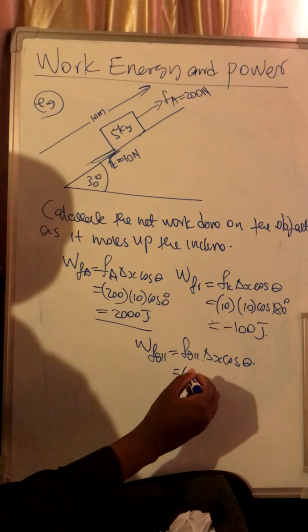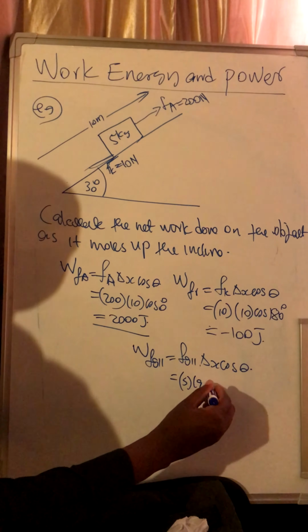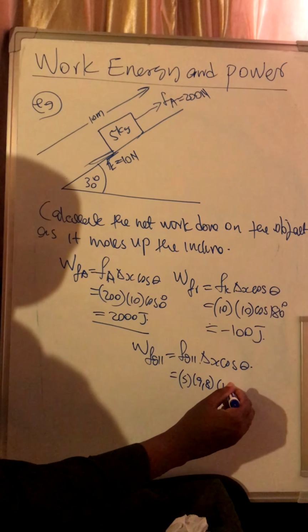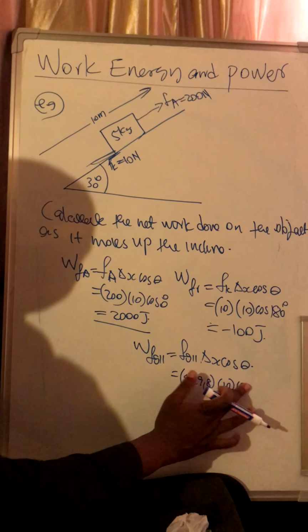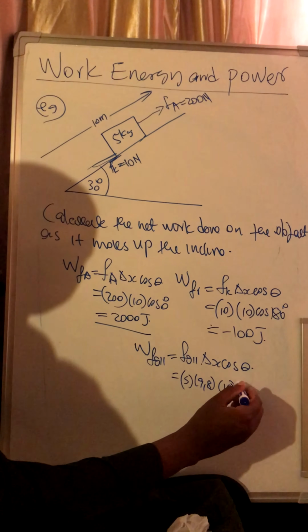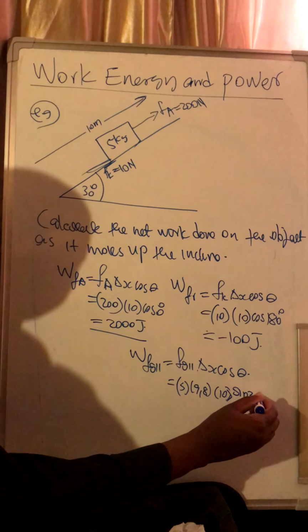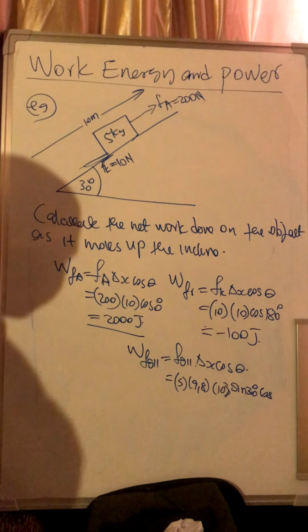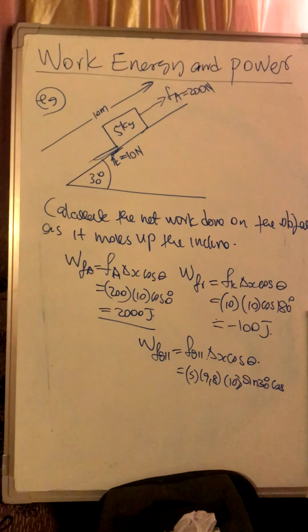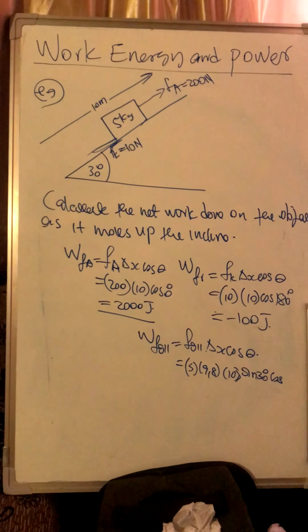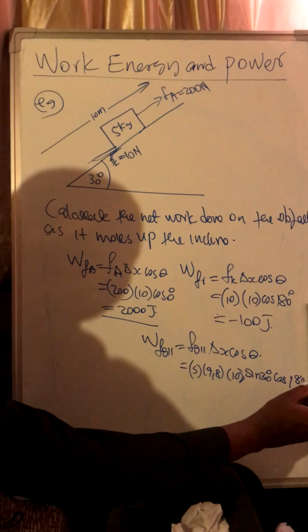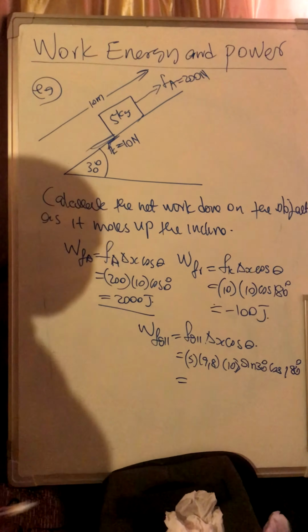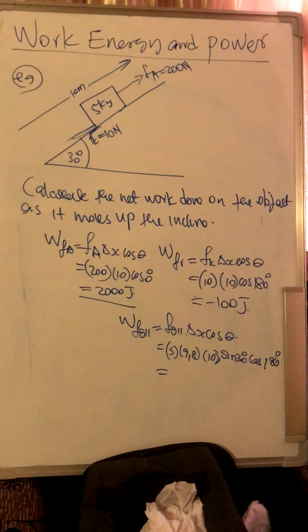FG parallel is m g, 5 times 9,8. This is 10, and then we talk about cos. Remember FG parallel has a sine, so sine 30 degrees. Cos, remember the object is going up, and FG parallel is going down, so it must be cos 180. And then here we want to multiply this thing.